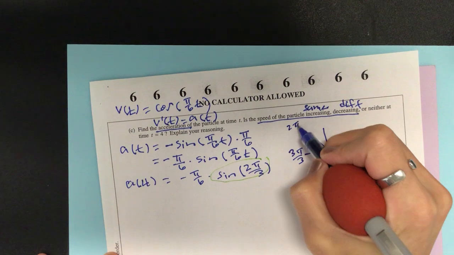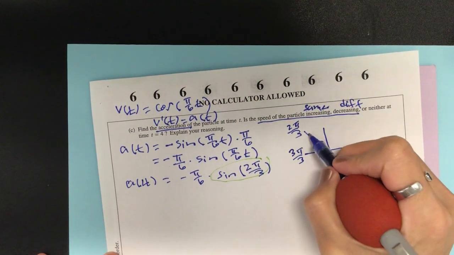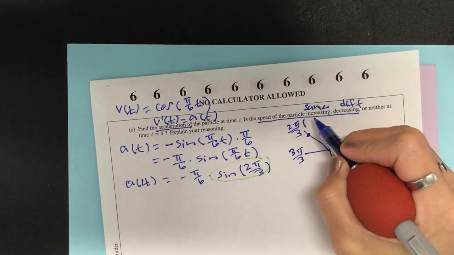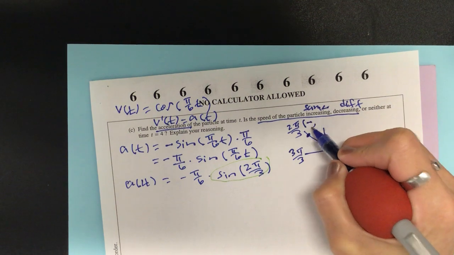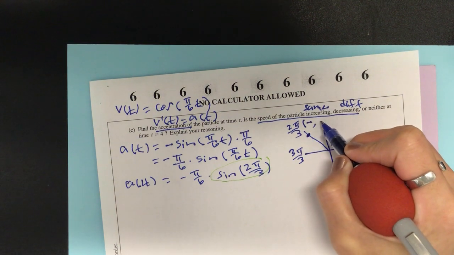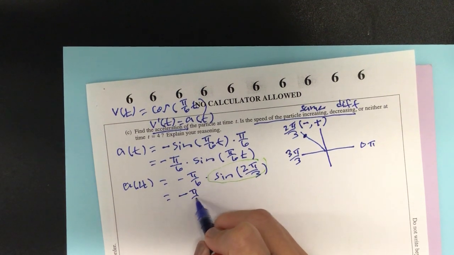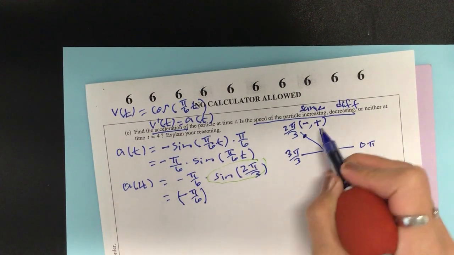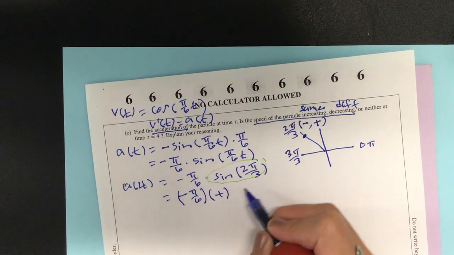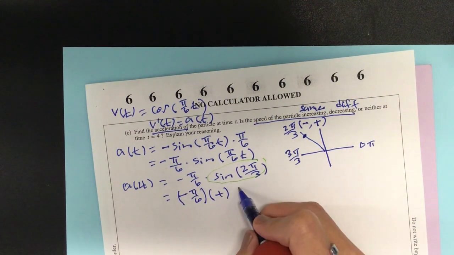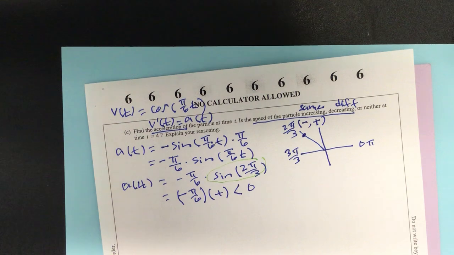So we have 2 pi over 3. Now, just looking at the 2 pi over 3, in quadrant 2, my cosine is negative and my sine movement is positive. So just by looking at that, I could say negative pi over 6 times my sine movement is positive. What is negative times a positive? Negative, so it is less than 0.